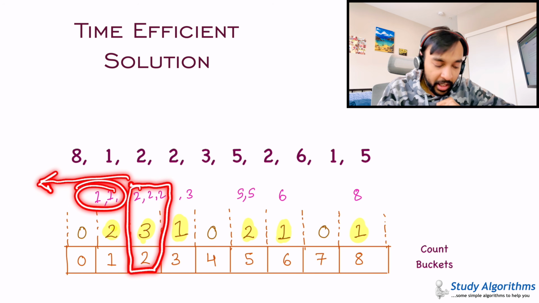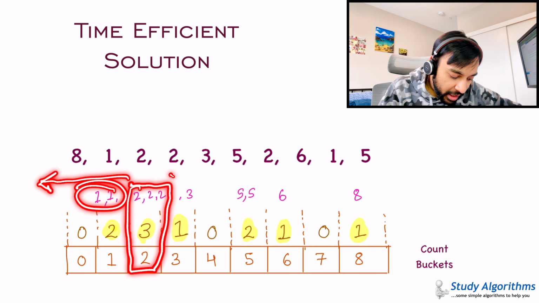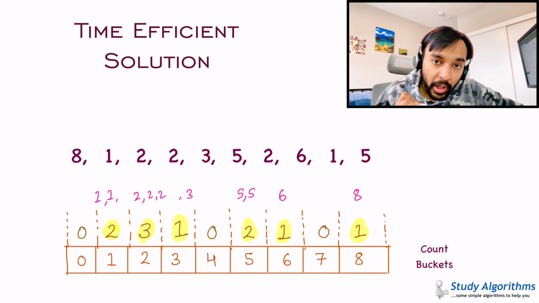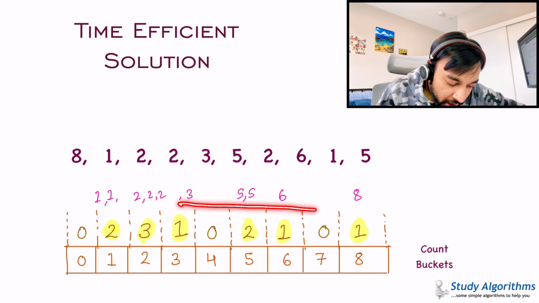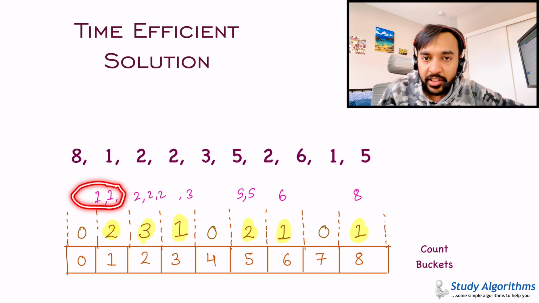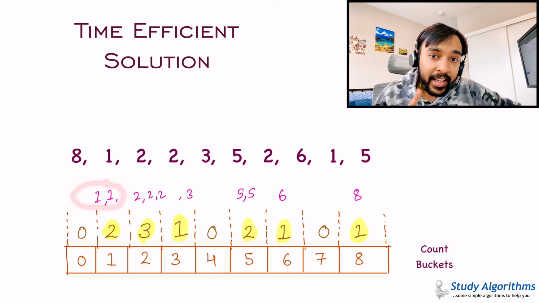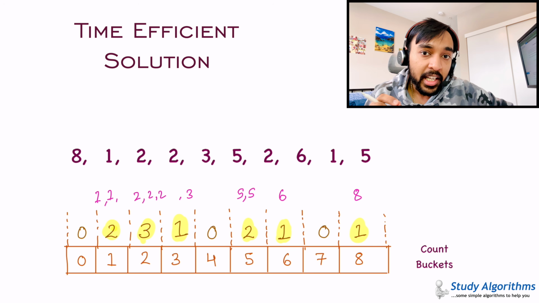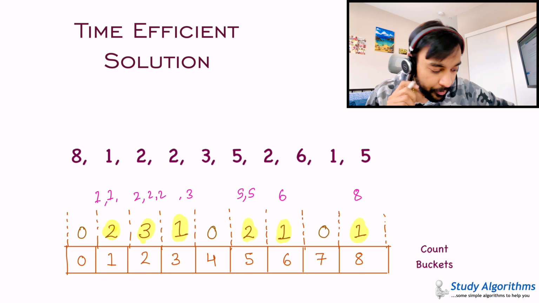You can see 2 elements, right? And if you look to the right of this, how many elements you can see? You can see 3, 5, 5, 6, and 8. So you can easily say that to the right, you have all the larger elements, and to the left, you have all the smaller elements. And in this question, you need to find out the number of smaller elements than each element, correct?